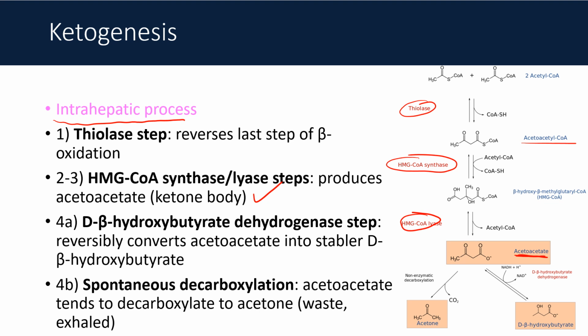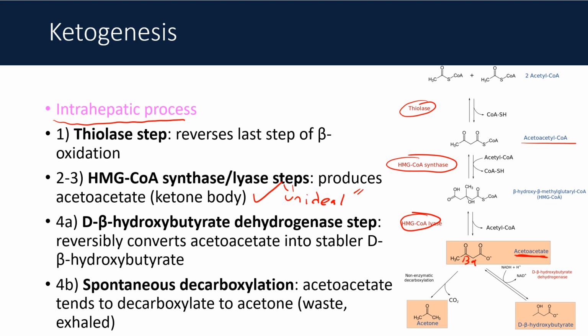Acetoacetate, though, I should mention, is what I would call an unideal ketone body. That's because beta keto acids tend to be prone to spontaneous decarboxylation. In the beta position, we have a ketone. Alpha, beta. See that?